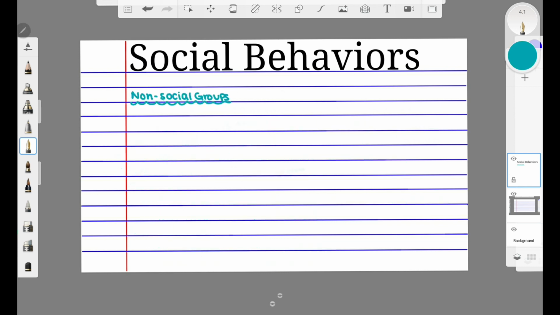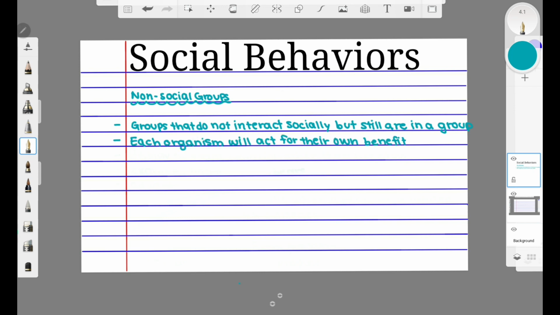Now we're going to be talking about non-social groups. Non-social groups do not interact with each other socially and they don't connect with each other, but they're still technically in a group. So each animal is still acting for their own benefit.